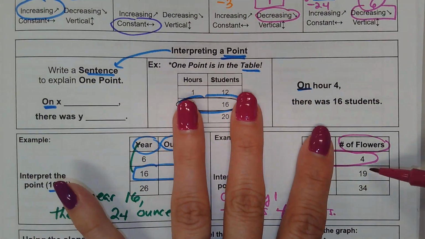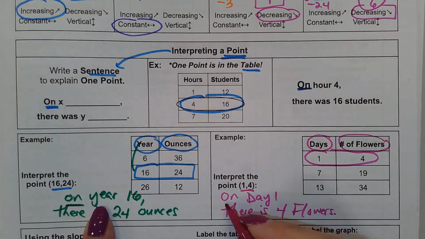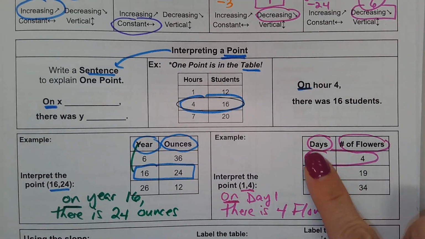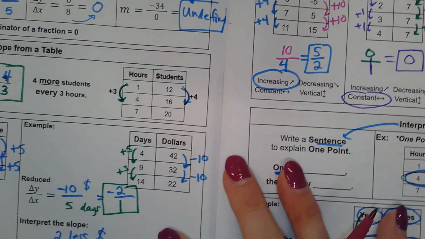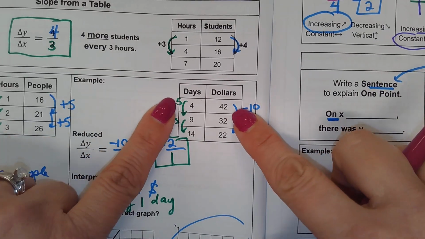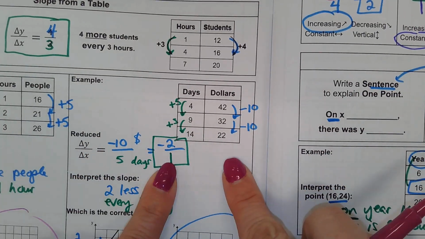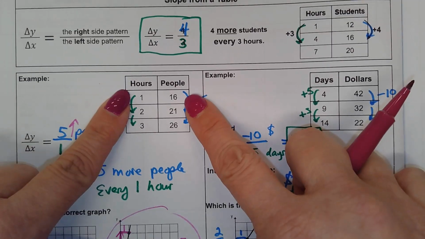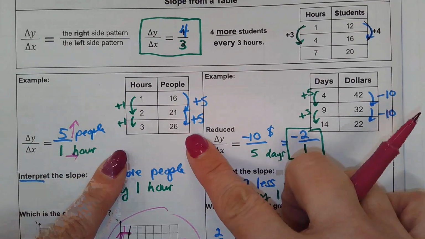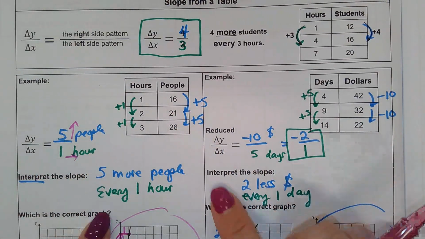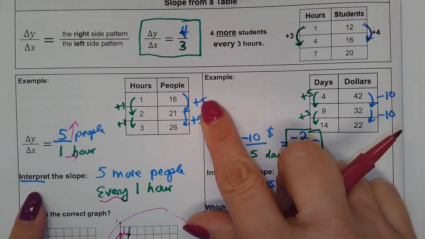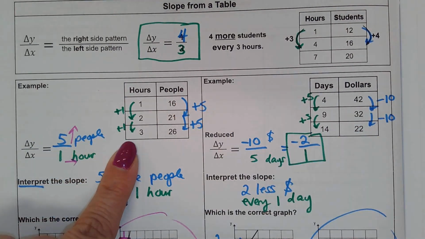There's not 4 flowers every day. We say on for a point. But when you're interpreting the slope, every day it goes down, more people, every hour, more, then you say every. And that's for the slope.